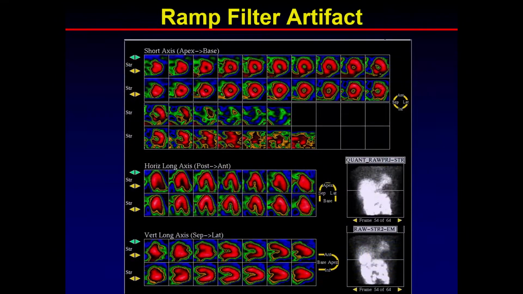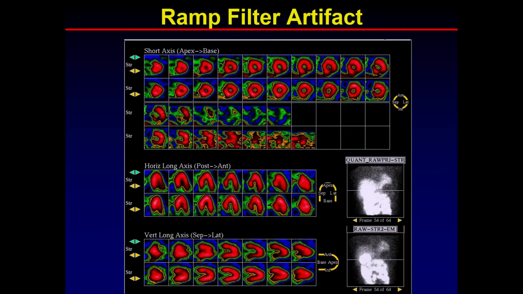But one way we can do this, here's an example of a patient. This is what we call a ramp filter artifact. And you can see there's an inferolateral perfusion defect, and that inferolateral perfusion defect is due to the high subdiaphragmatic count activity using this particular ramp filter.